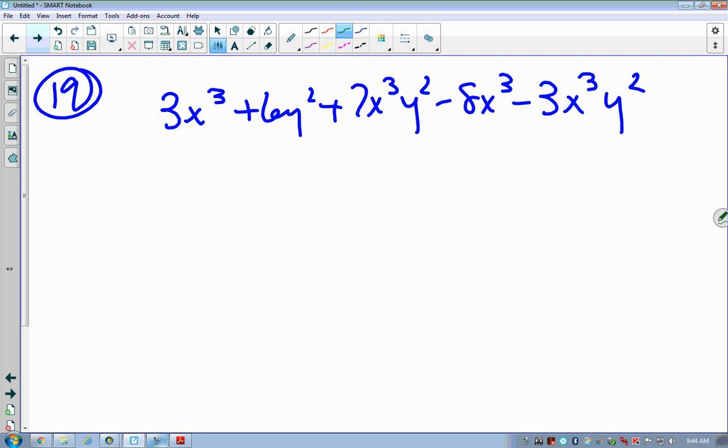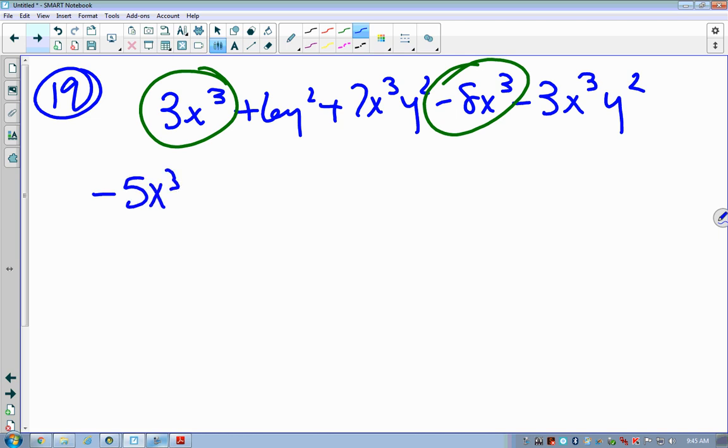What is the first set of like terms? Let's include all of what they are. So this isn't just 3x, it's 3x cubed and negative 8x cubed. We have to include the negative that's in front of it. So what's 3x cubed minus 8x cubed? Negative 5x cubed. So we are done with that.